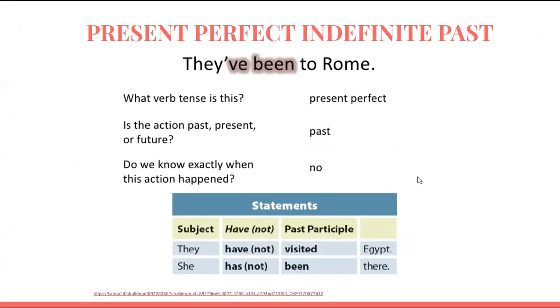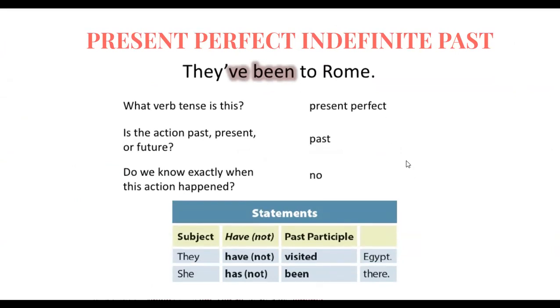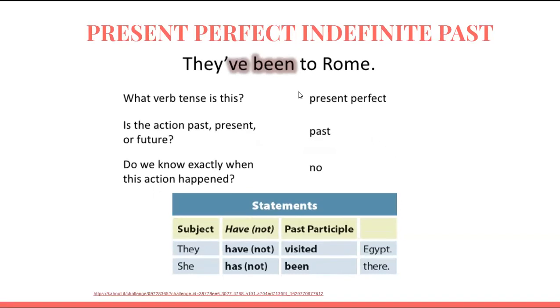Tell me. When we are talking about countries, like in the example, they have been to Rome, is it always "to Rome"? Every time that we talk about countries, is it "to"? We can't say "in Rome"? Well, just because you're using the preposition "to", you're referring to this place in general, right?